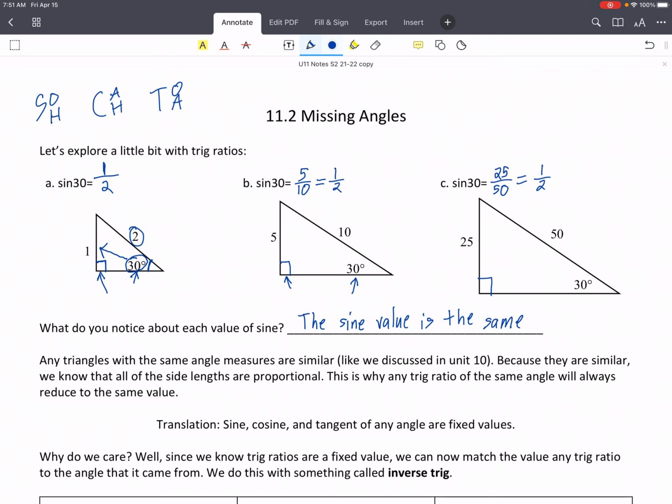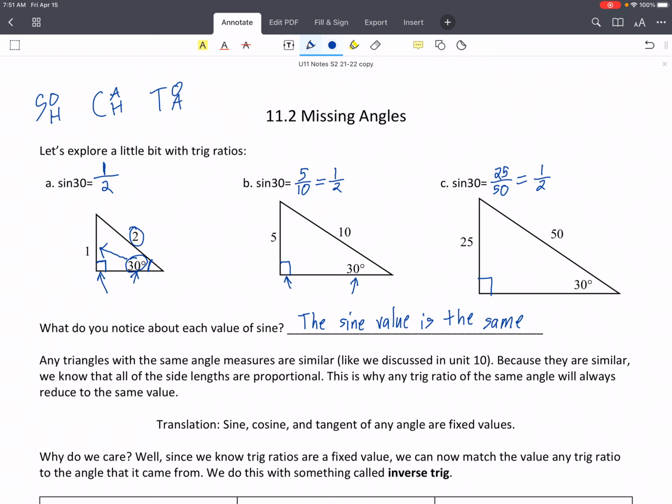That's what we discussed in Unit 10. Because each of these triangles is similar, we know all the side lengths are proportional. This is why any trig ratio of the same angle will always reduce to the same value. So the sine of 30, no matter how big the triangle is, is going to reduce to 1/2.